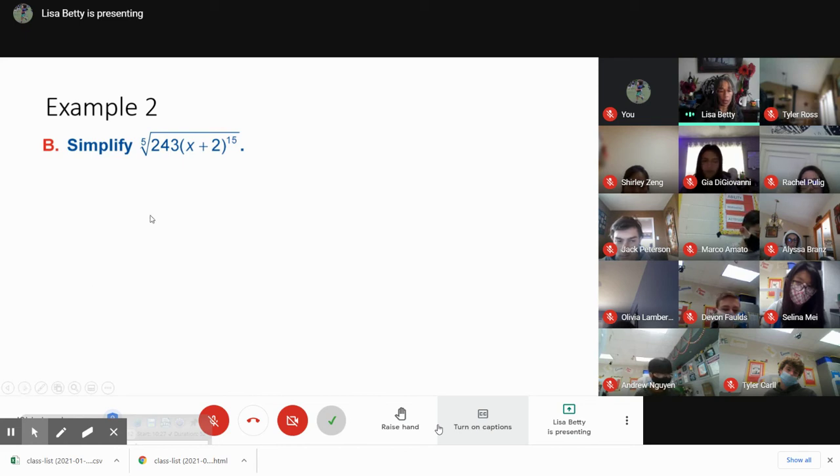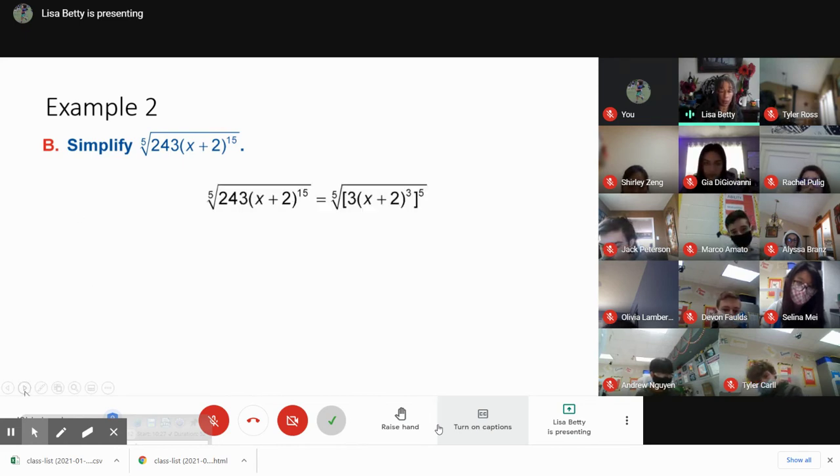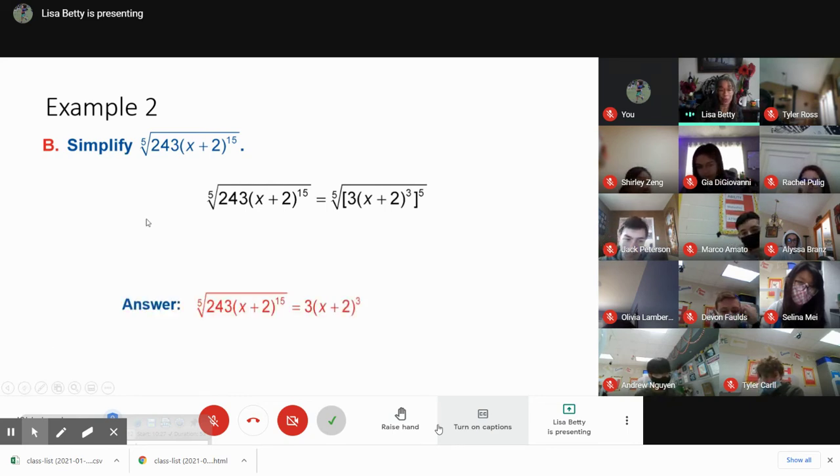All right. I'm sure I had a perfectly good reason for this example, but I cannot for the life of me recall what it was. So we know that that's 3x plus 2 to the 5th power. Third power. 15 divided by 5 is 3. There we go. So I hope you're okay. I'll give you a minute to write that one down just to be sure you're comfortable.